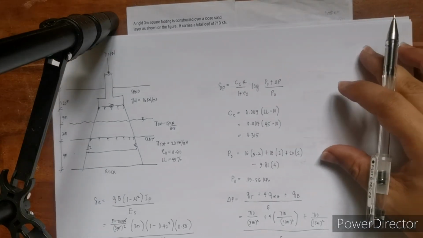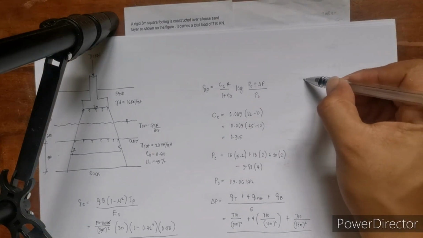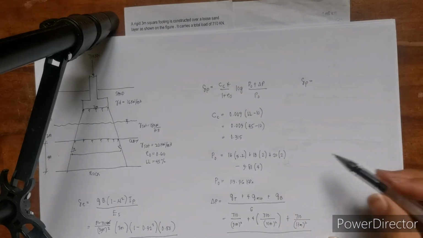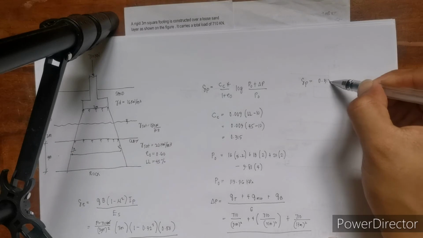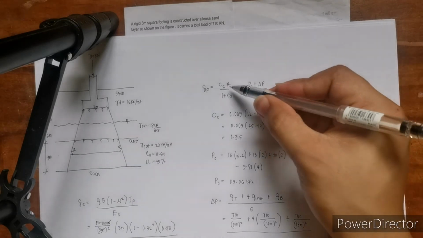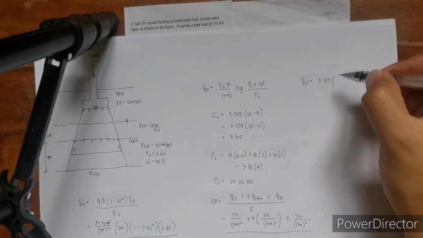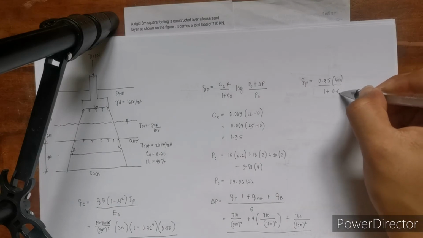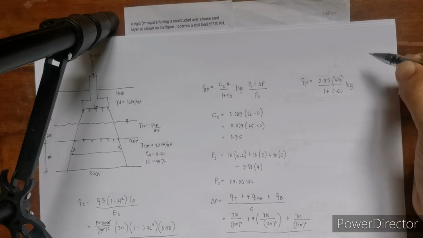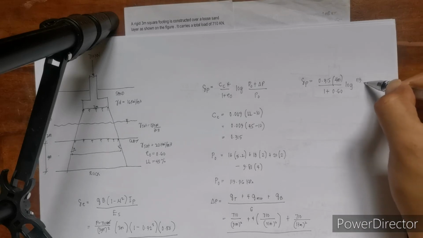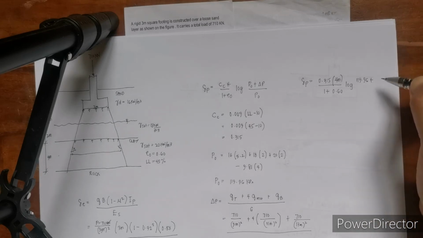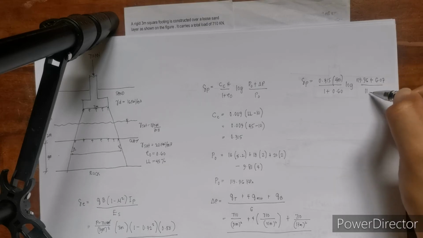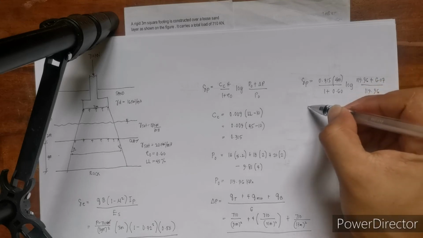So, applying to our formula of primary settlement, apply lang natin. So, therefore, primary settlement is equivalent to CC. Ano yung CC natin? That is 0.315 multiplied by the thickness of the clay layer, 4 meters, over 1 plus E sub O, 0.60, logarithm of PO, 119.96 plus delta P, that is 6.07 divided by PO, 119.96.